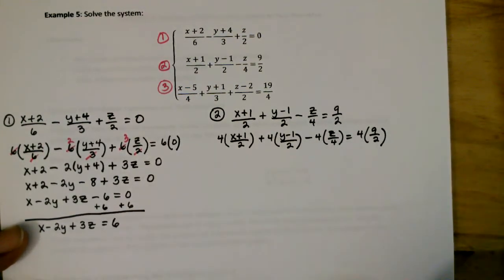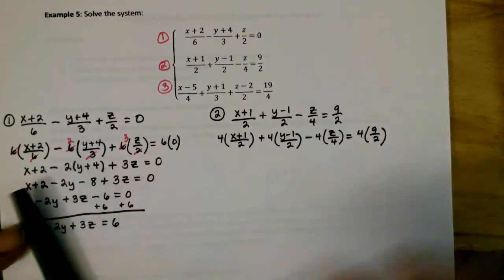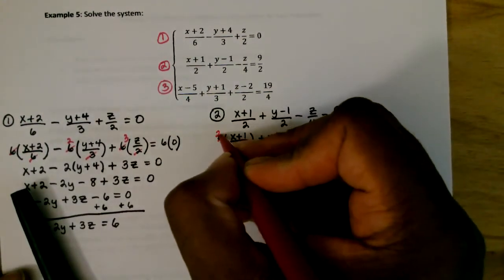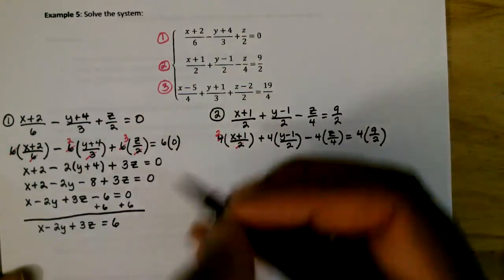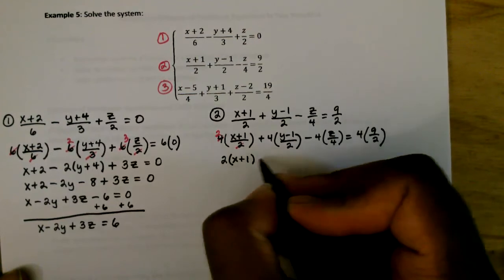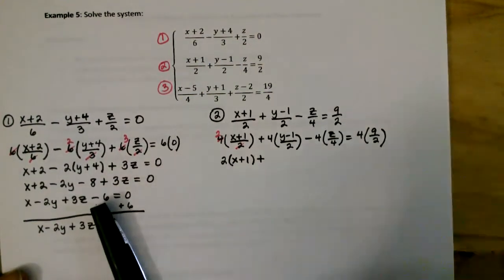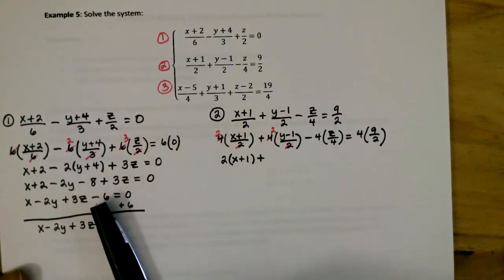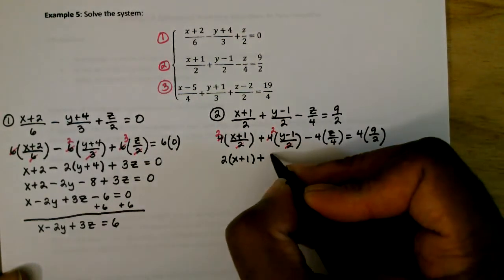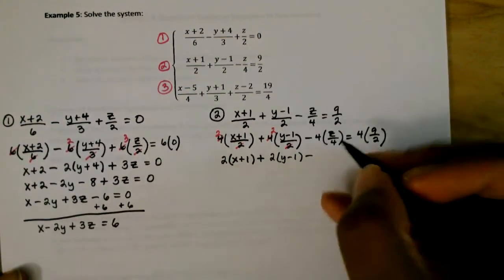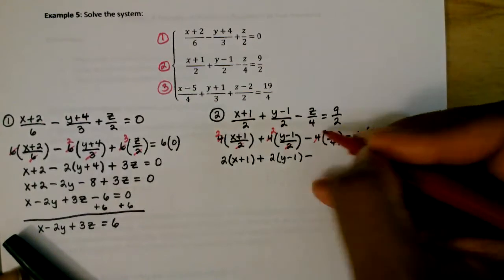That's actually a z there. Now, when I simplify this, if I divide this 2 into the 4, that's going to go 2 times. So this will be 2 times the quantity x plus 1 plus, again, 2 goes in the 4 2 times. So I have 2 times the quantity y minus 1. And then minus, of course, the 4's divide out.